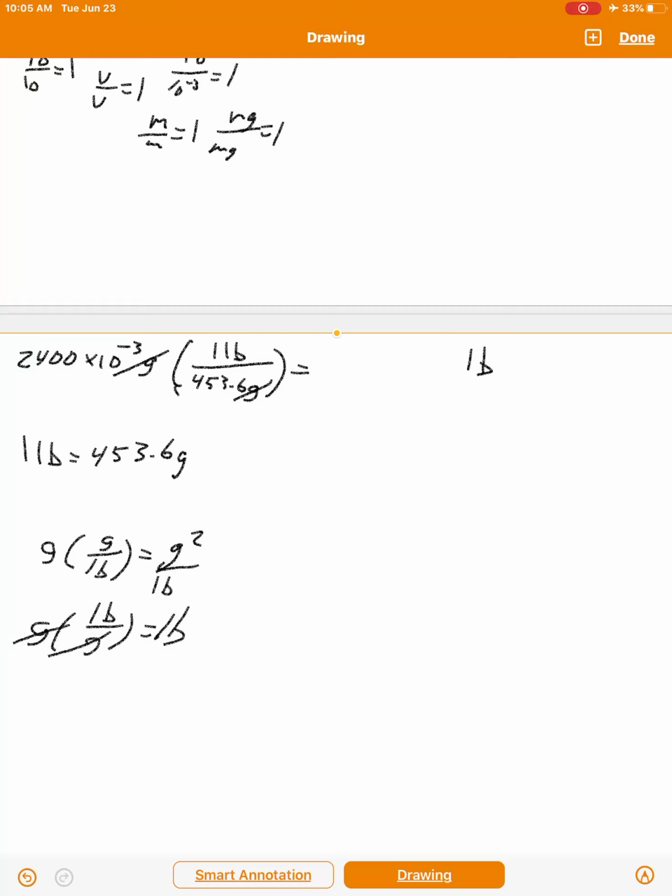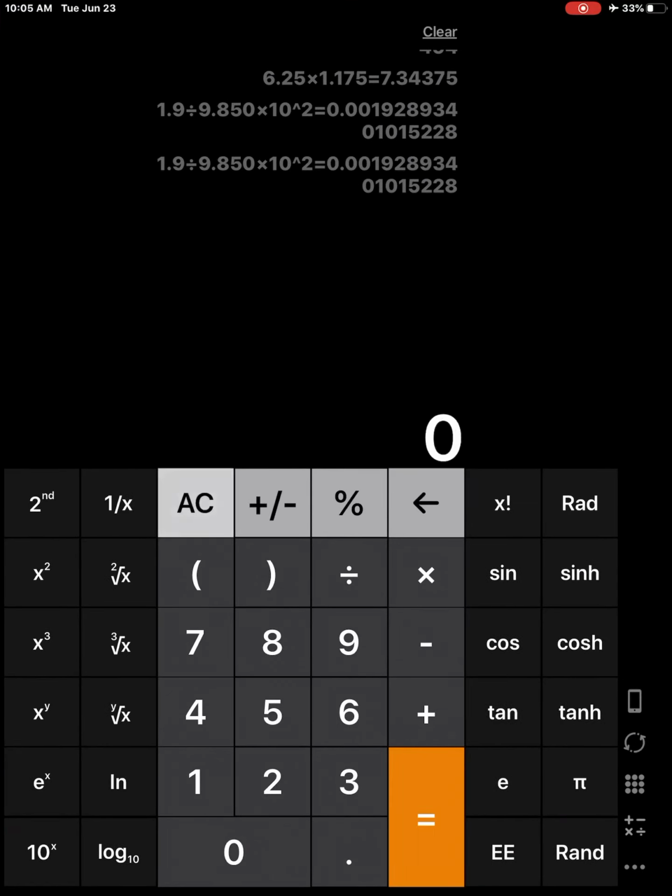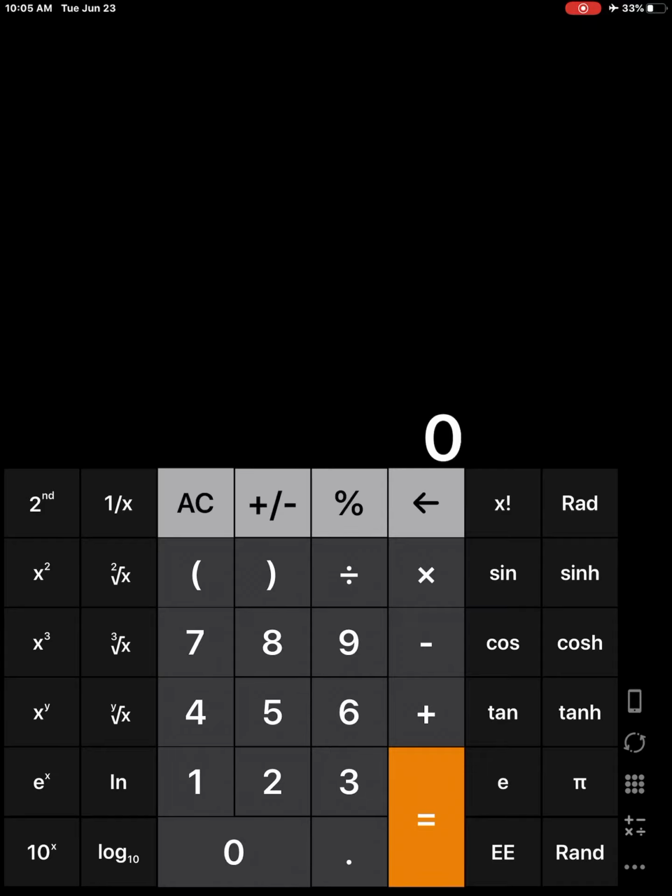So 2,400 times 10 to the minus 3. Now that might be tricky for your calculator, but let's see if we can do it. 2,400 times 10, EE, minus 3. Good.